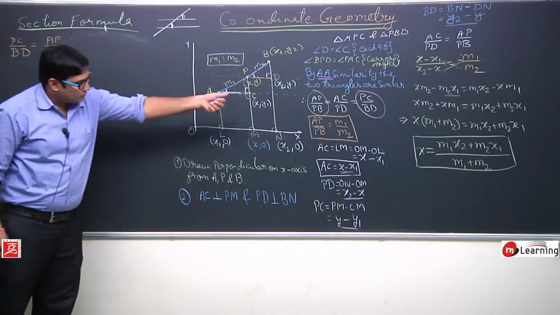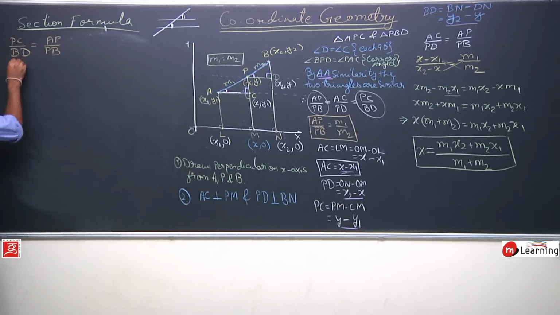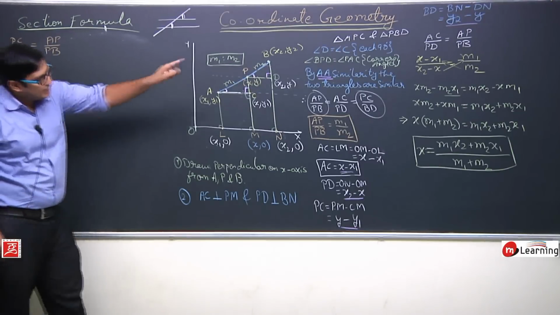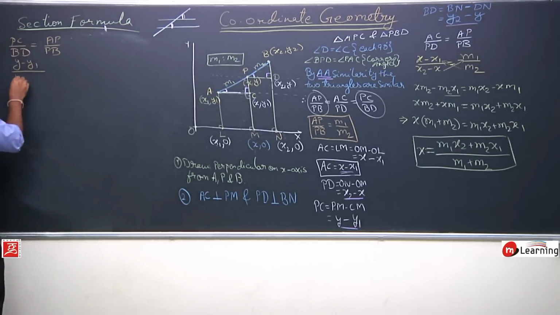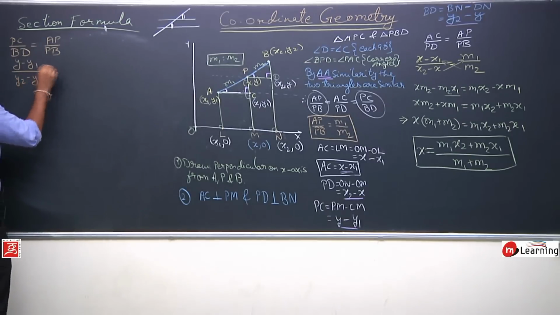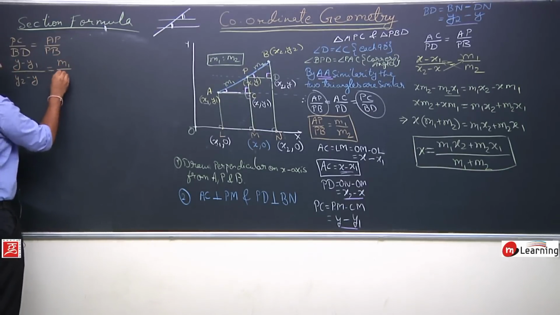Now what is PC? PC is y minus y1. So this will be y minus y1 upon BD. BD is y2 minus y. So BD की जगह पे y2 minus y is equals to AP upon PB. Just we have derived it. It will be m1 upon m2.